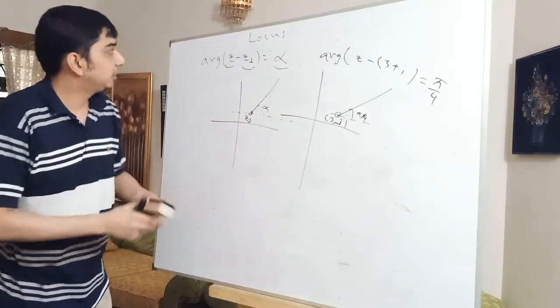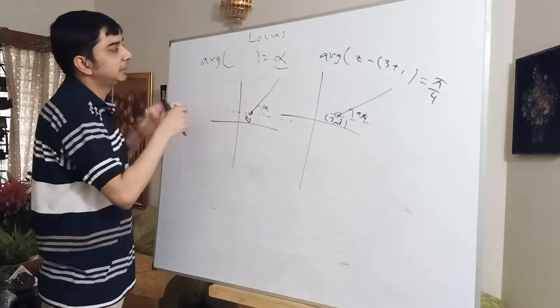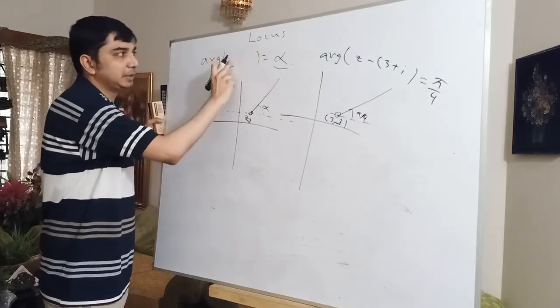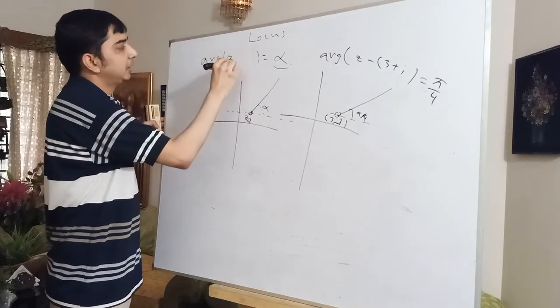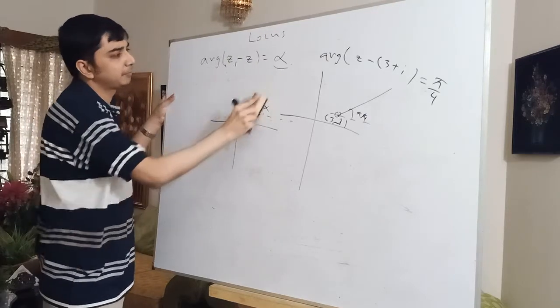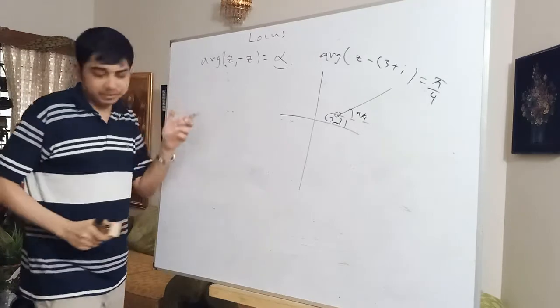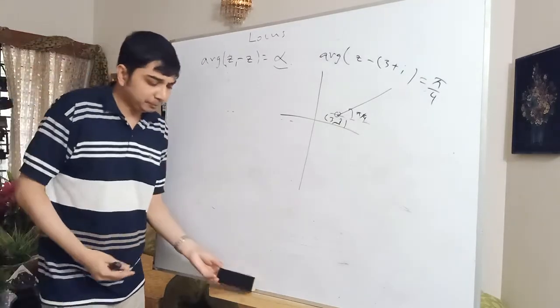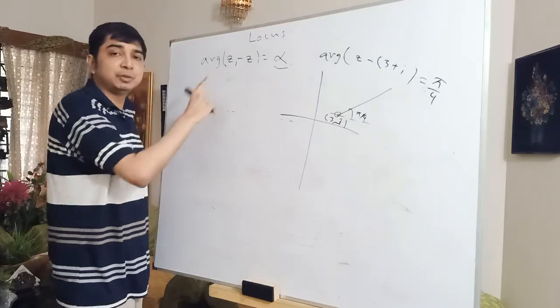Now let's do something. Let's just switch this around. So instead of z minus z1, let's have z1 minus z. So z minus z1 refers to the vector from z1 to z.